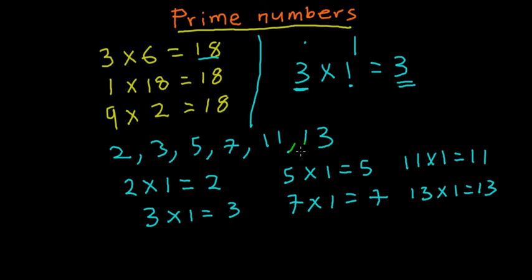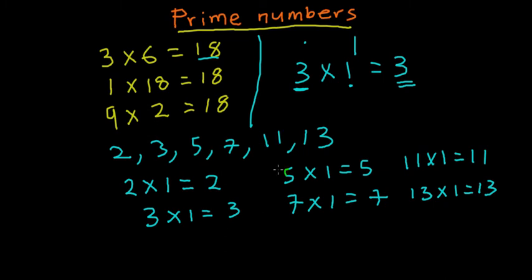But when it comes to prime numbers, like 2, which is a prime number, it can only be multiplied by 1 to give you the product. Unlike 18, which has several different kinds of factors.